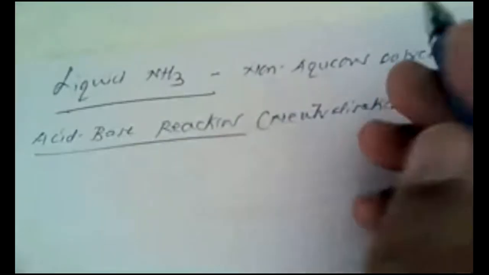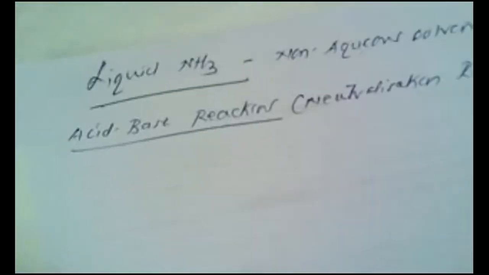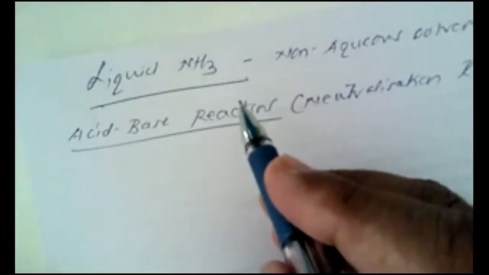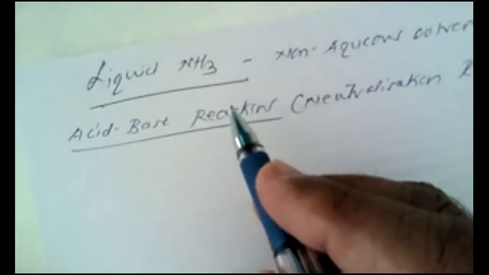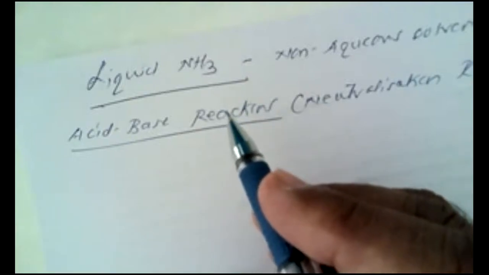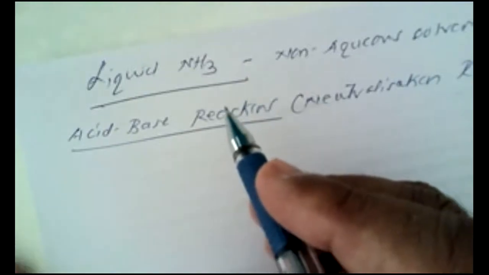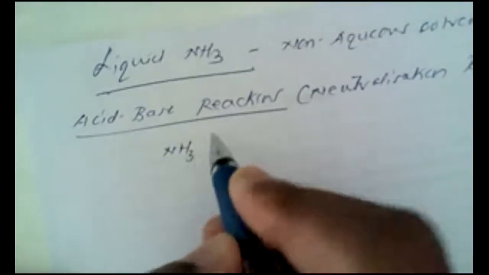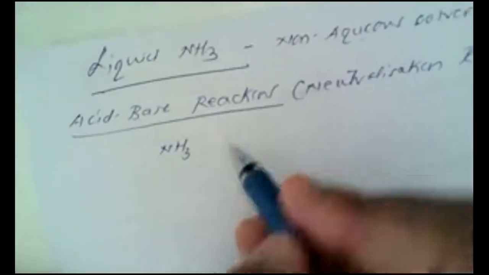As we know, according to the Bronsted-Lowry concept, an acid is that substance which gives H plus ion, and a base is that substance which accepts the proton, that is H plus ion. For example, we are studying ammonia, that is liquid ammonia, as a non-aqueous solvent.